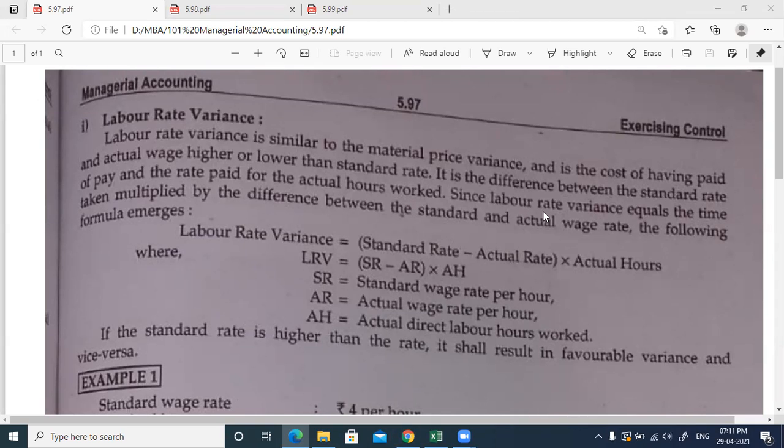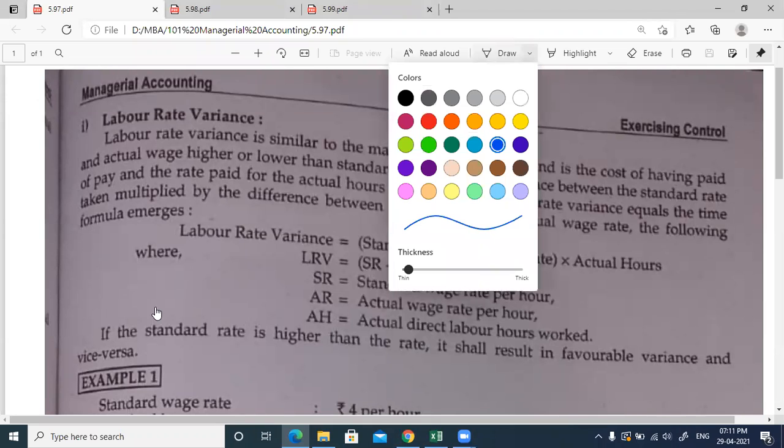Since labor rate variance equals the time taken multiplied by the difference between the standard and actual wage rate, the following formula emerges: labor rate variance equals standard rate minus actual rate into actual hours.